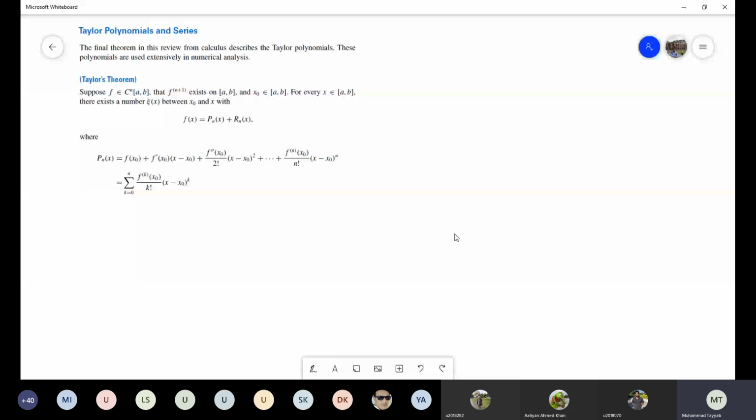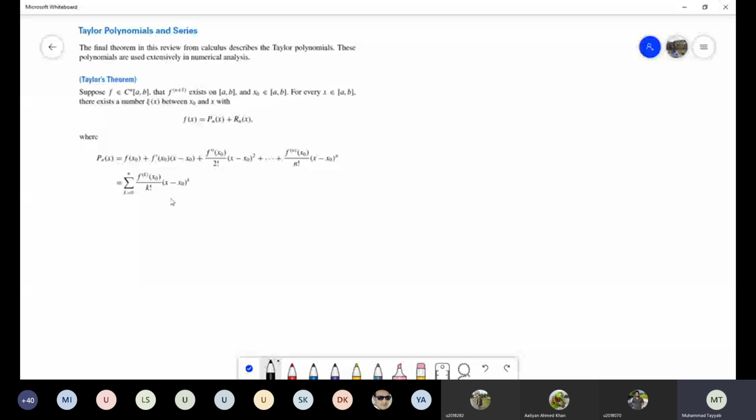Look, so this is the Taylor polynomial and the series. We all know that the theorem in the review of calculus described the Taylor polynomial. These polynomials are used extensively in the numerical analysis.